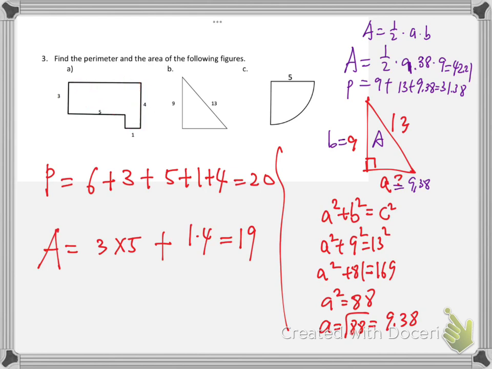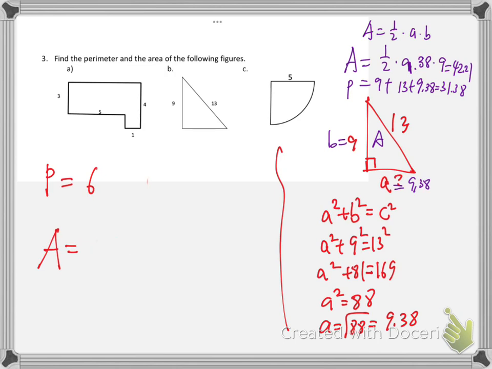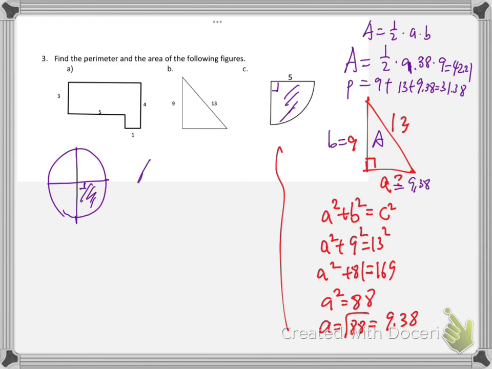Okay, so now let's look at question C. So this is a part of the circle, right? And this is 90 degrees, so basically it's a quarter of the circle. If you cut the circle into 4 pieces, that's the piece, right? So this part is the bottom right quarter. So now what's the formula for the area of the circle?